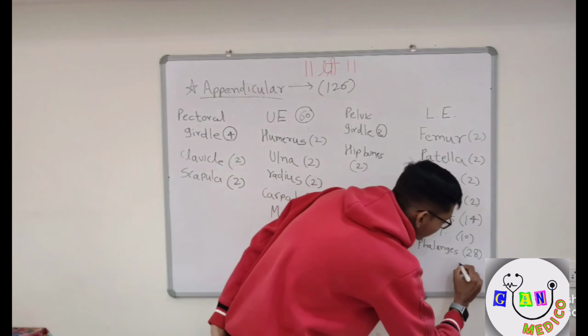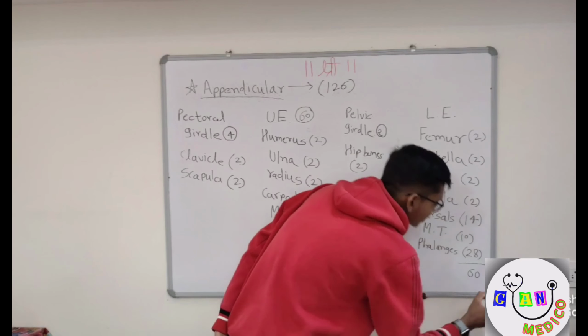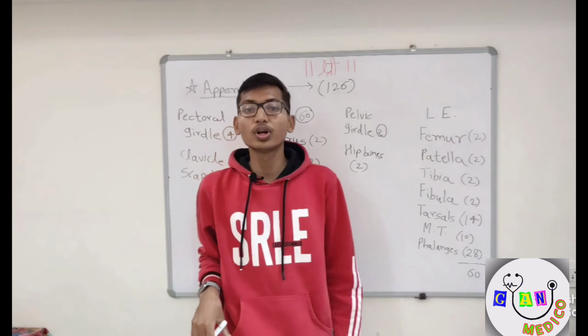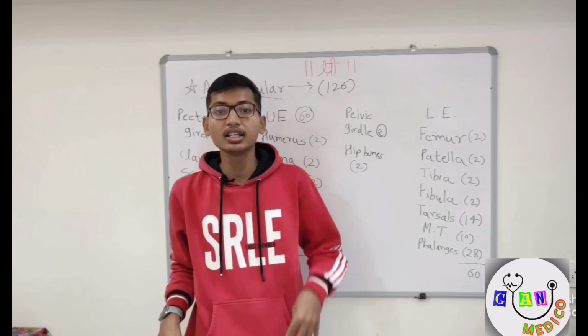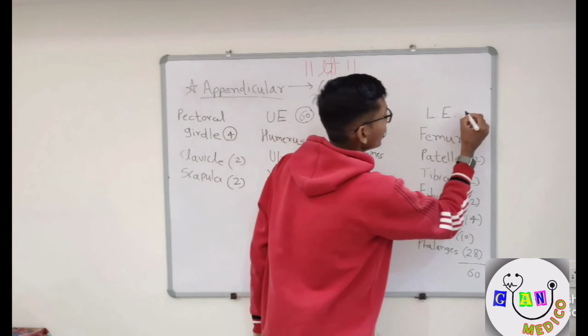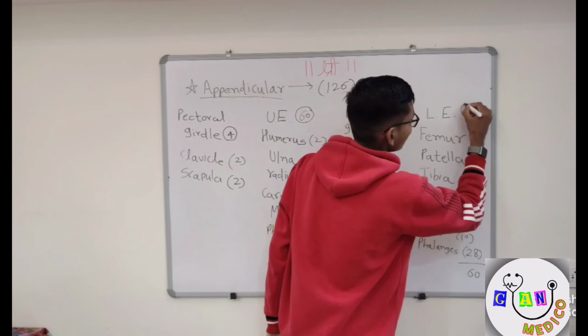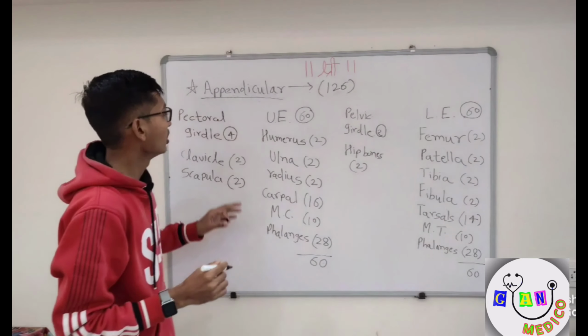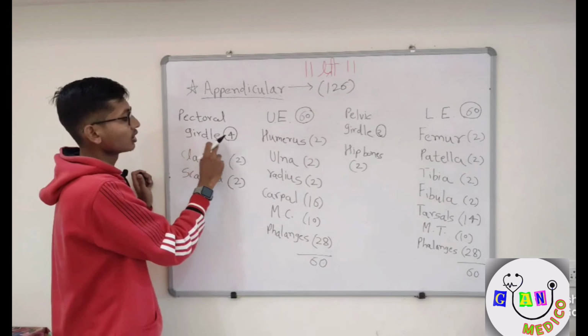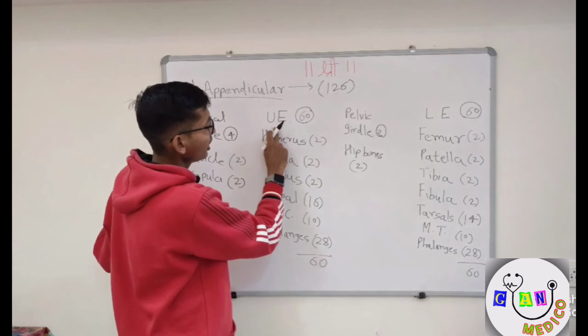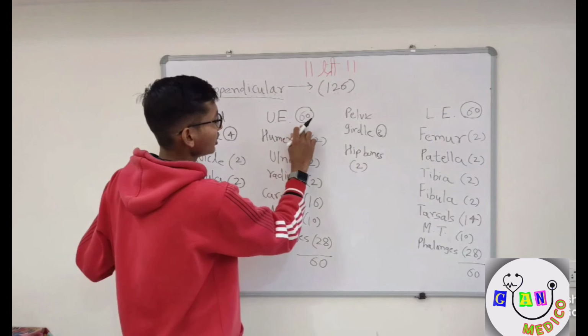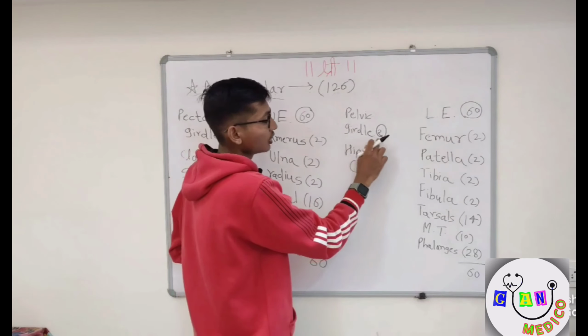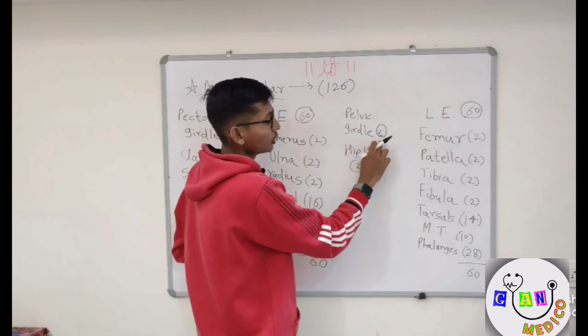So the total addition comes to 60. So each lower limb contains 30 bones. 30 plus 30 is equal to 60. Now see this. Pectoral girdle contains 4 bones. Upper extremities both combined contain 60 bones. Pelvic girdle contains 2 and lower extremity left plus right is equal to total 60.